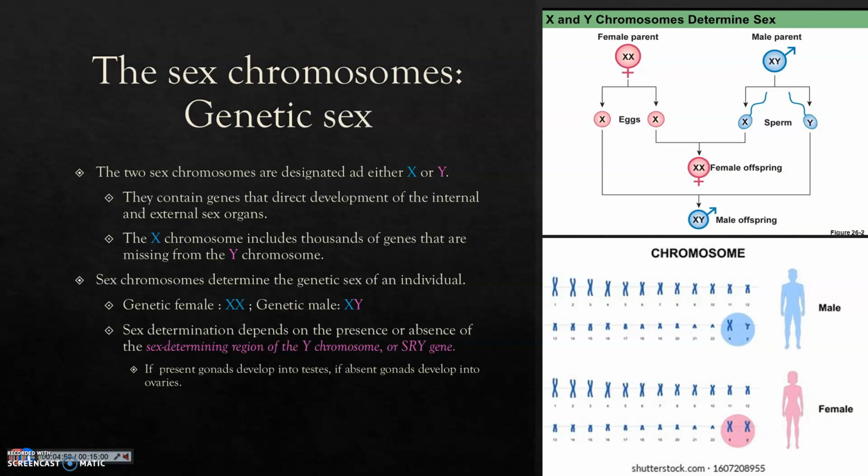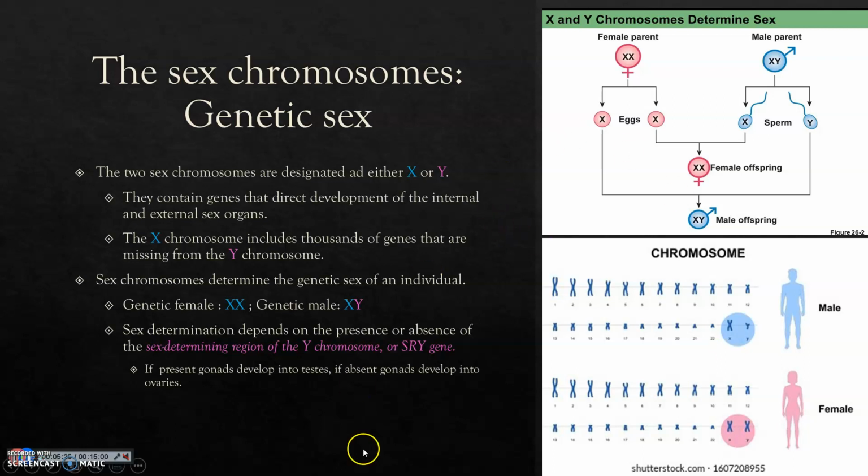And on that Y chromosome, sex determination depends on the presence of the sex determining region of the Y chromosome, or the SRY gene, and that's going to play a huge role in the determination of sex and the characteristics we see in a male versus a female. And if this SRY gene is present, the gonads develop into testes, and if it's absent, they will develop into ovaries. So we get a female.